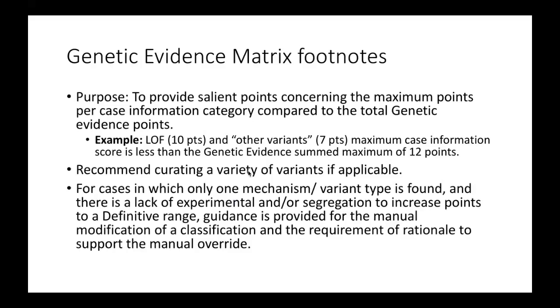For cases in which only one mechanism or variant type is found and there is a lack of experimental or segregation evidence to increase points to a definitive range, we do provide guidance for how to manually modify this classification and the requirement of rationale to support this manual override. Basically, this is if your experts feel that this gene disease mode of inheritance did not meet the score per the matrix and want to modify this classification, we provide the guidance and show you how you do that within the GCI.